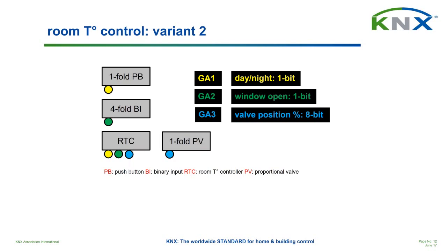That means the room temperature controller can specifically put the valve at 10%, 15, 55, or whatever is calculated by the RTC as required. That will be the valve position, and it will be set via the blue link or via group address 3.